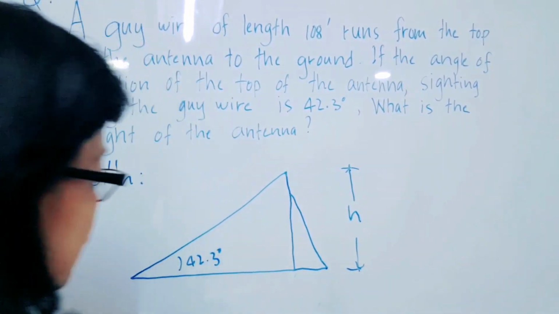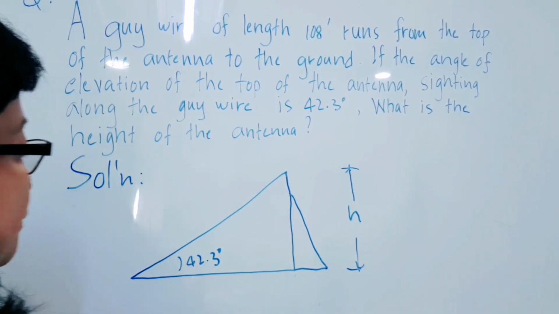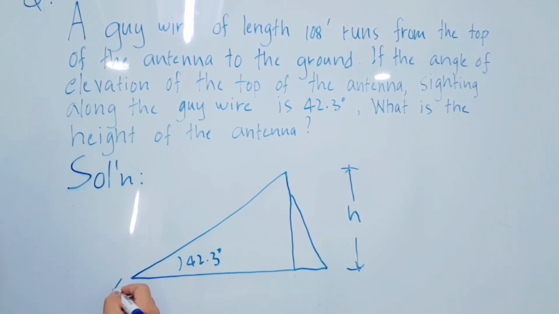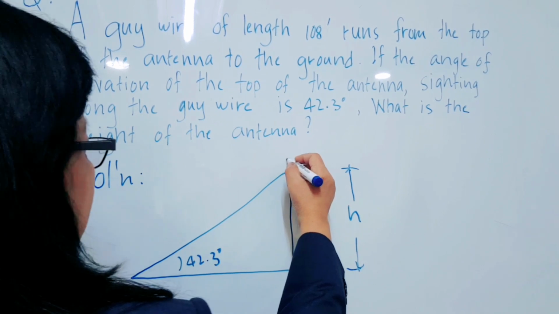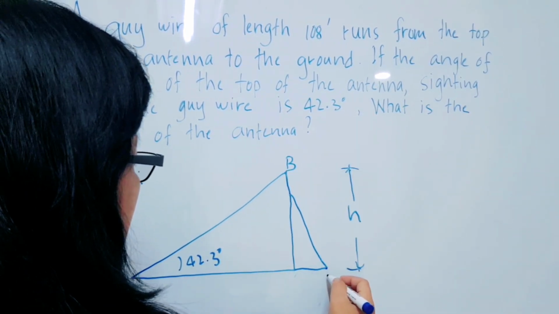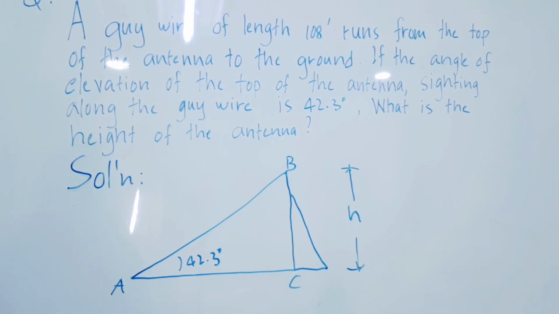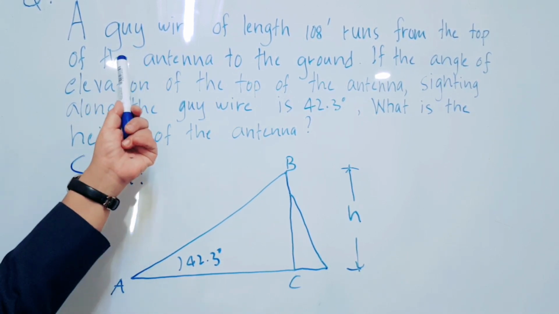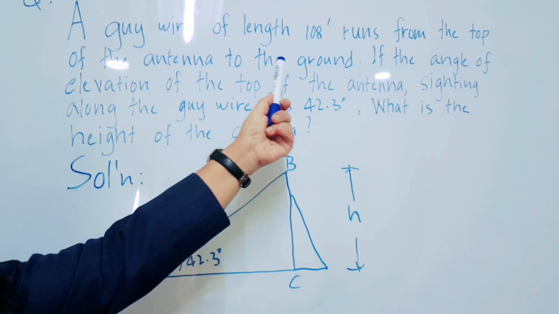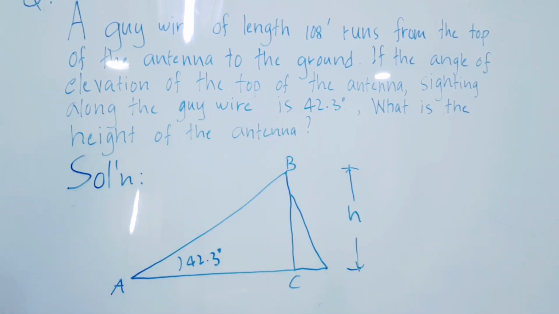We'll designate this one as A, B, and C. So from here, we have the given length of the guy wire, which is equal to 108 feet.